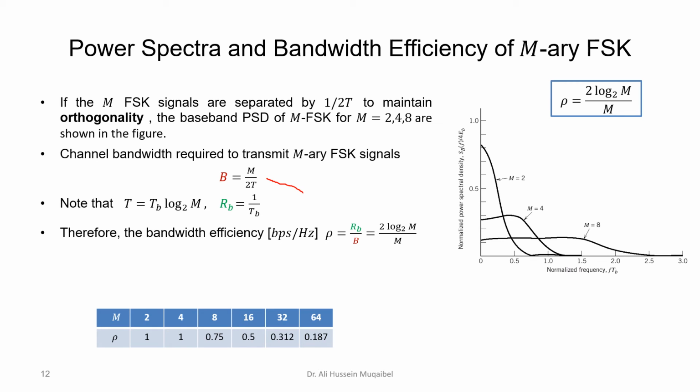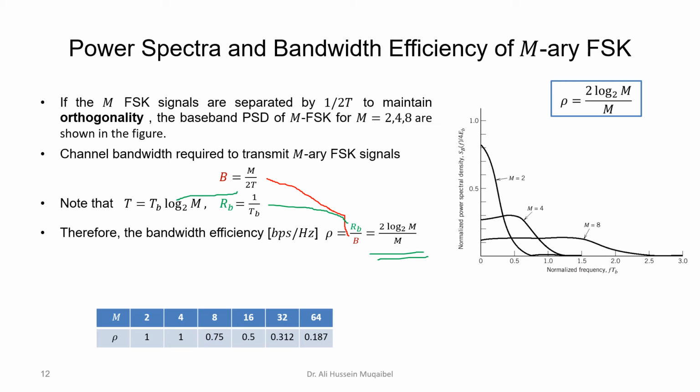If you just do the direct substitution for the bandwidth and also for the rate, we will get T. Of course, we'll replace this with TB so that TB cancels out, and we get the following expression: 2 times log base 2 of M divided by M. So we find out that for FSK, the power spectral efficiency or the bandwidth efficiency, RB over B, is just a function of M.